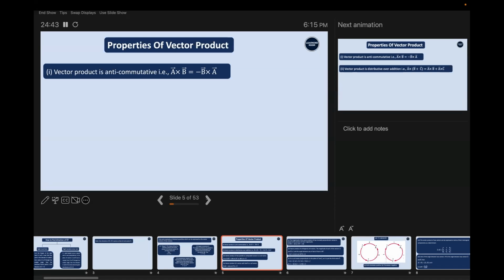For example, when we do A like this and B like this, A cross B gives n cap towards you, whereas B cross A gives n cap away from you. So that is why A vector cross B vector is not equal to B cross A, but it is the negative of B vector cross A vector. Make a note of it.